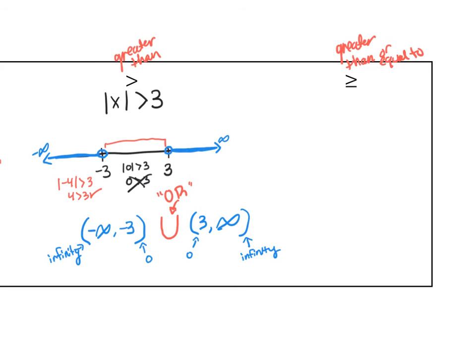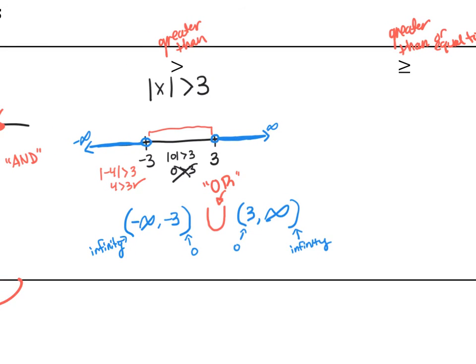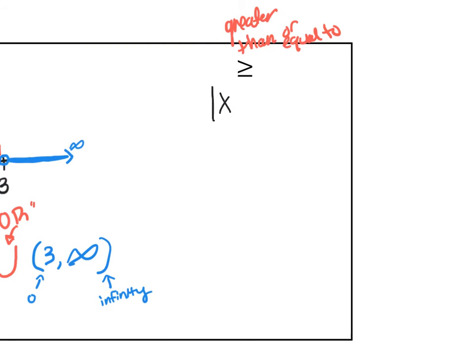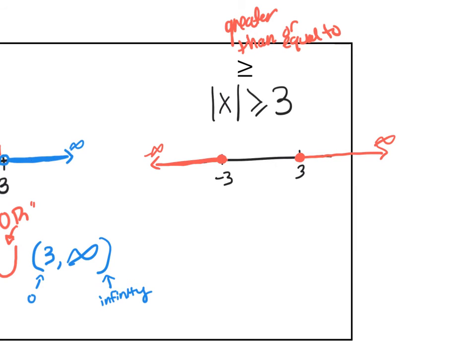And then greater than or equal to would be very similar, but instead of open dots, it'll be closed dots. So if we had the absolute value of x is greater than or equal to 3, with our 3 and our negative 3, it would go all the way including negative 3 and everything less than to negative infinity, and then including positive 3 and everything greater than to positive infinity. For our notation, infinity still gets parentheses, but now negative 3 is included, so we get a bracket.